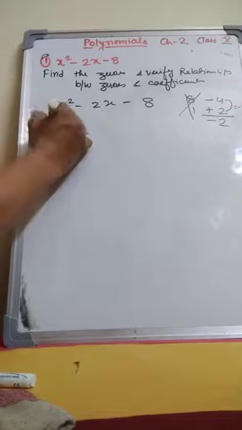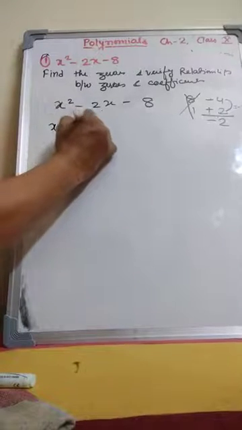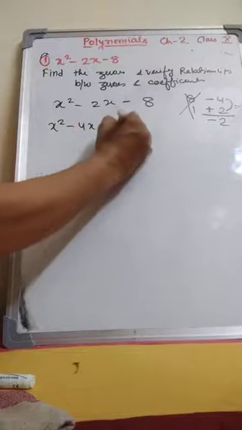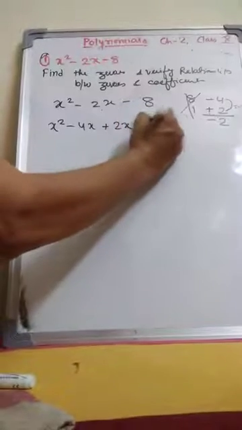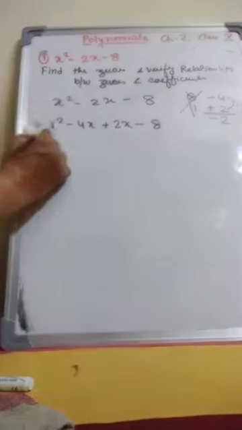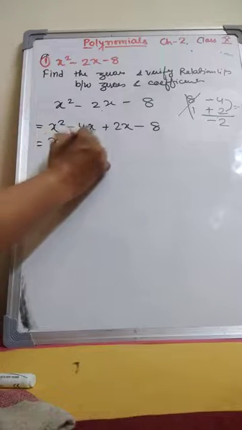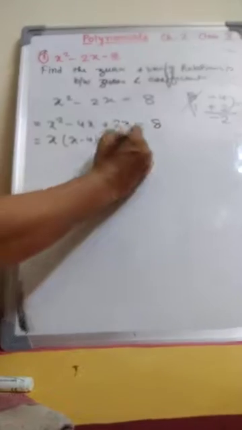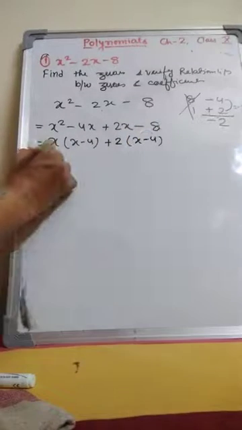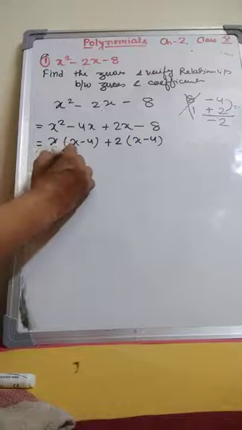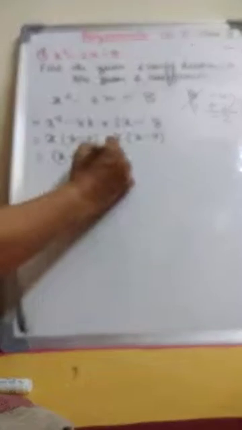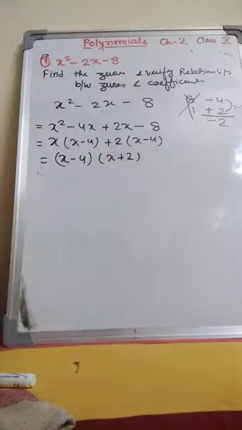So the middle term split gives x square minus 4x plus 2x minus 8. Now x common from the first two, x minus 4, plus 2 common, x minus 4. So it is x minus 4 into x plus 2.